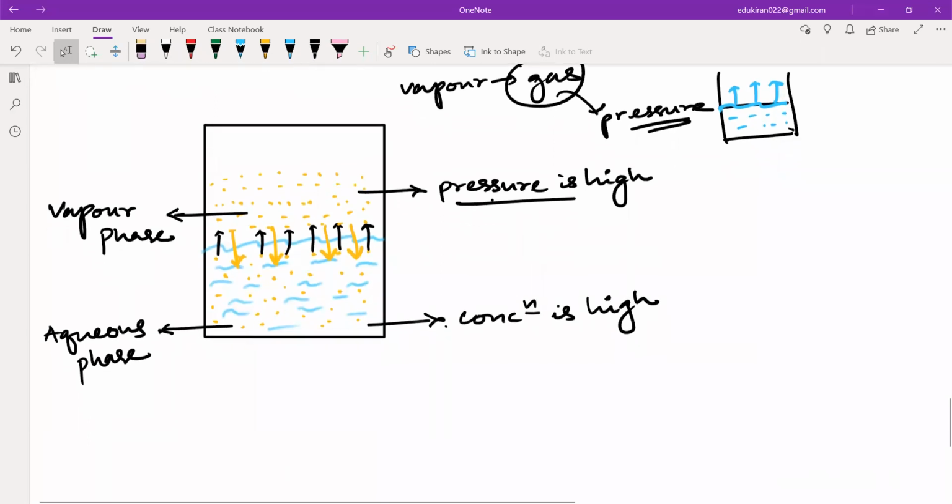We can get a relationship: pressure is directly proportional to concentration of solute.